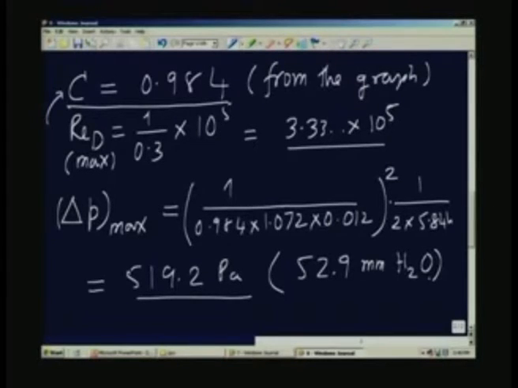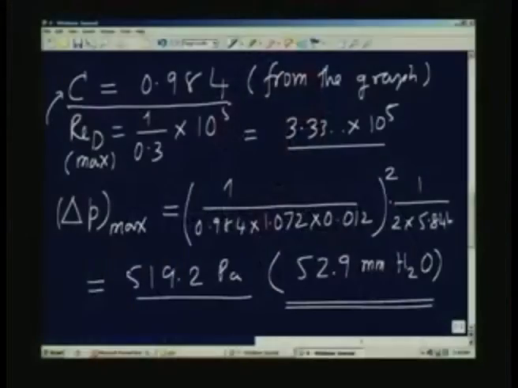So this is the pressure drop or pressure difference between the inlet and the smallest diameter section of the venturi, which is what is measured by the manometer. So 52.9 millimeters of water is what we are going to get.